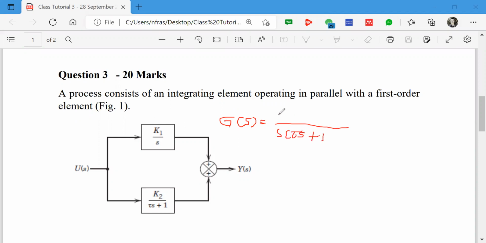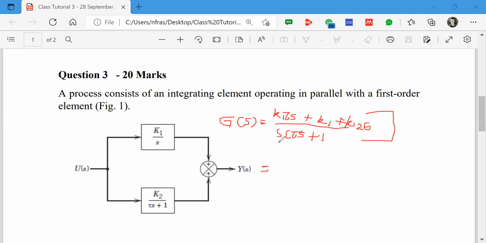This is just mathematics. So you're just going to have K1 there on top, tau s plus K1 plus K2 s. So that was just mathematical manipulation. I don't think it's really necessary to be showing that in detail, but I think you are very much capable of doing it yourself and trying to get here, right?